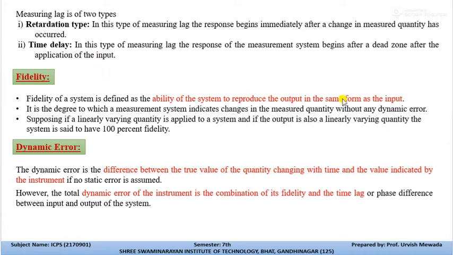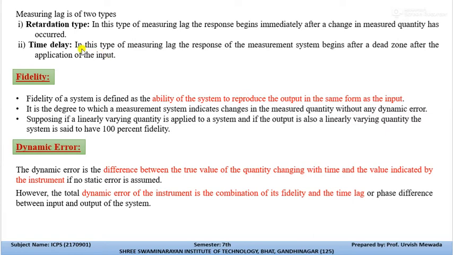And the time delay means, in measuring lag, the response of the measurement system begins after a dead zone. Suppose your instrument is not giving a response as we give the input, and after the dead zone it shows the reading or output.